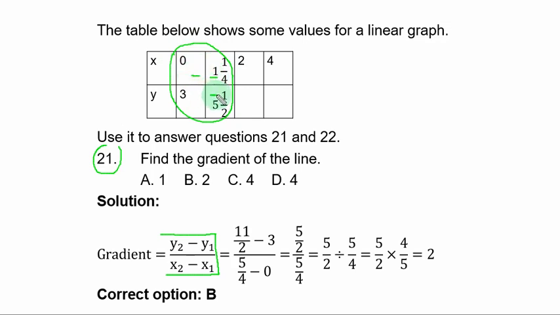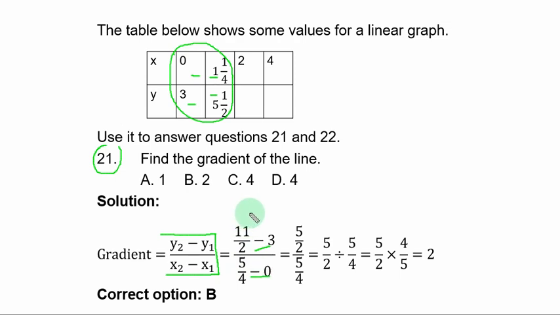You have y2 and y1. If you change the mixed fractions to improper fractions, you have 11 over 2 for y2 minus 3 for y1, over 5 over 4 for s2 minus 0 for s1.